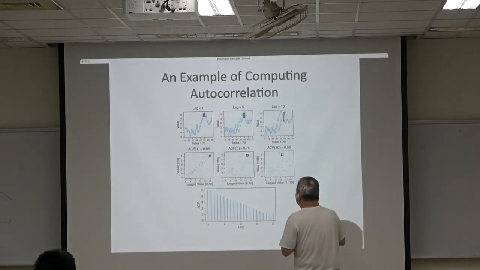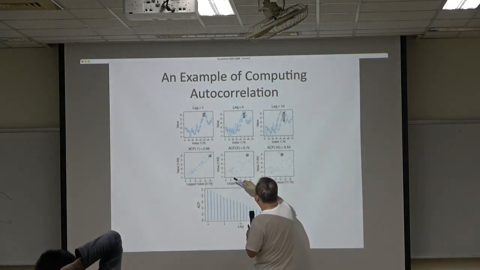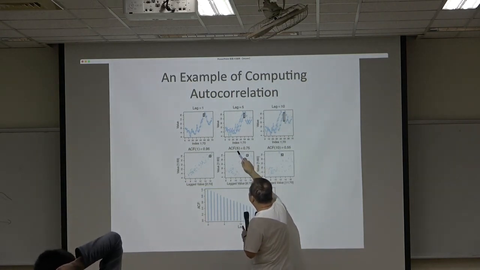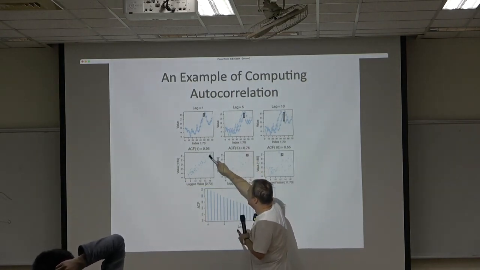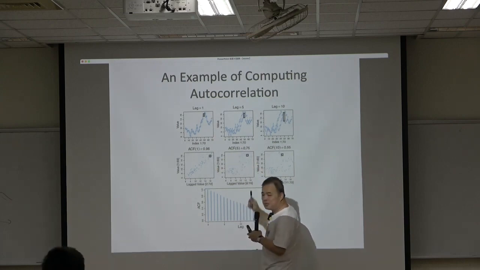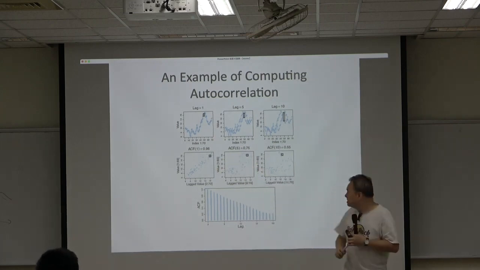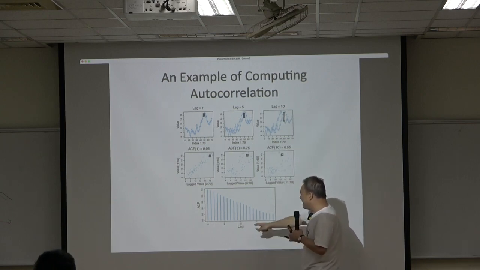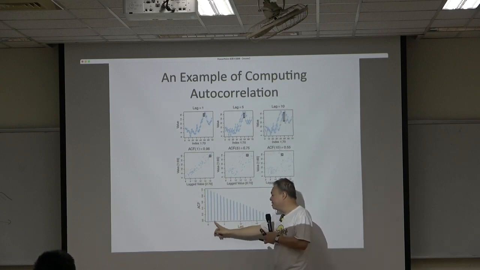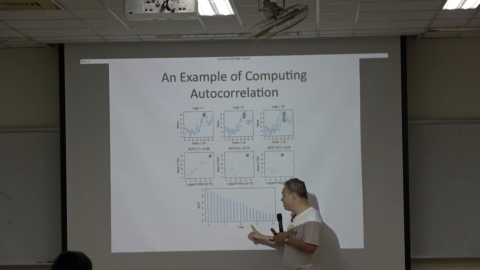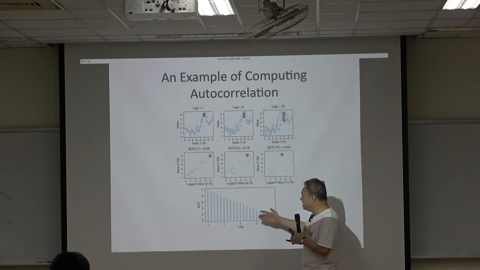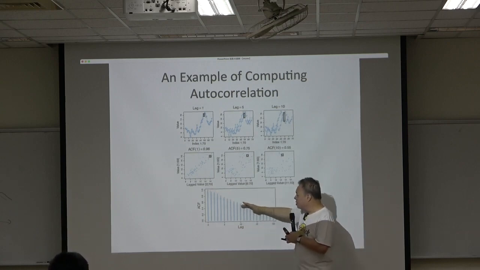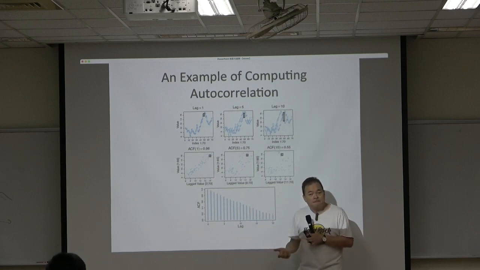You can see when k is 5, the correlation reduced from 0.96 to 0.75. And if you move 10 steps ahead, the correlation reduced to 0.55. This lag represents the value of k, and you will naturally see such a decrease of the autocorrelation.